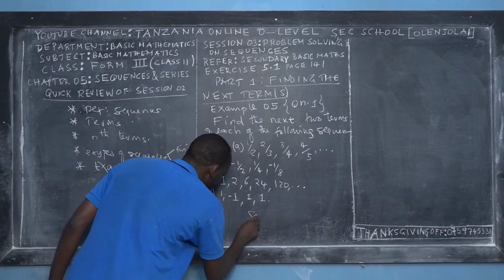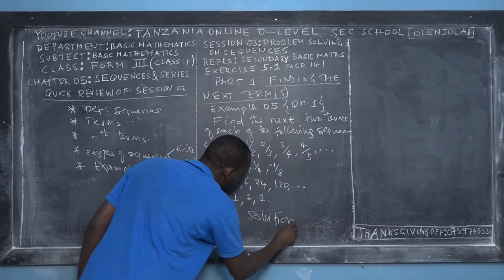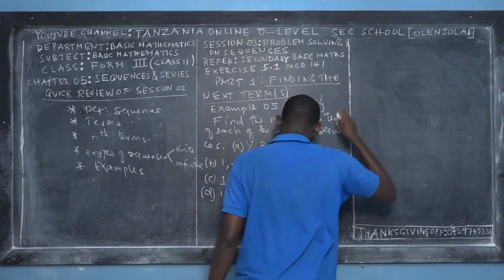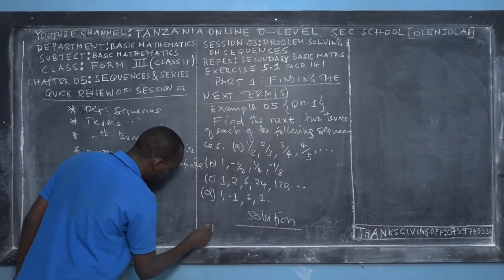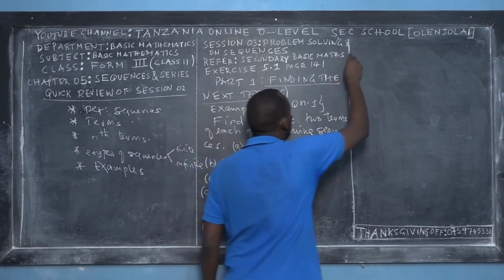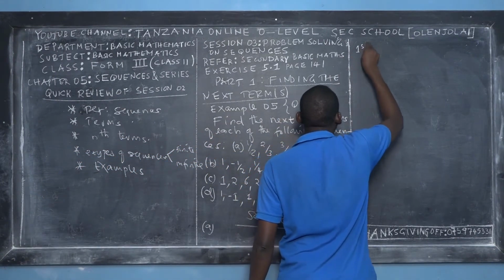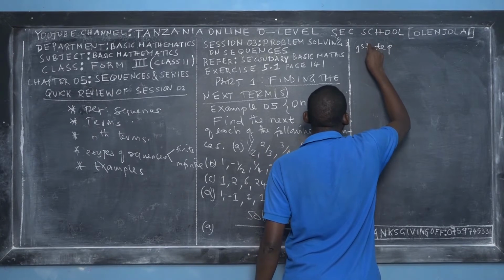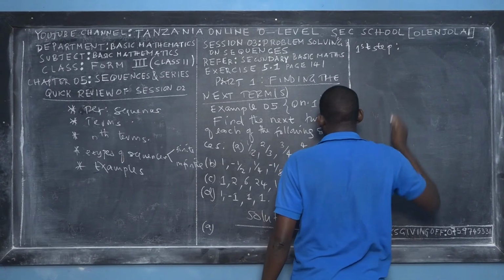So, solution. For part A, I'll be teaching you how to solve these problems, and all the problems I'll be teaching you by following steps. What will be the first step in identifying the next term, right?